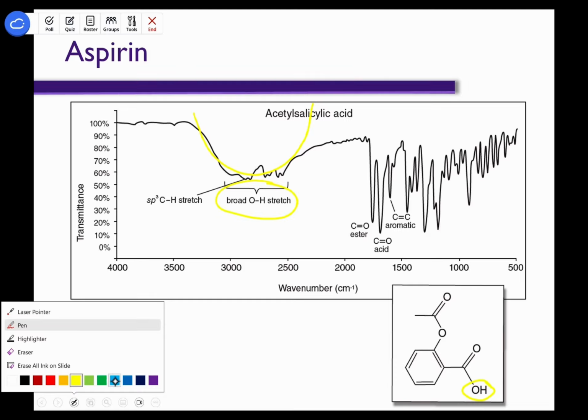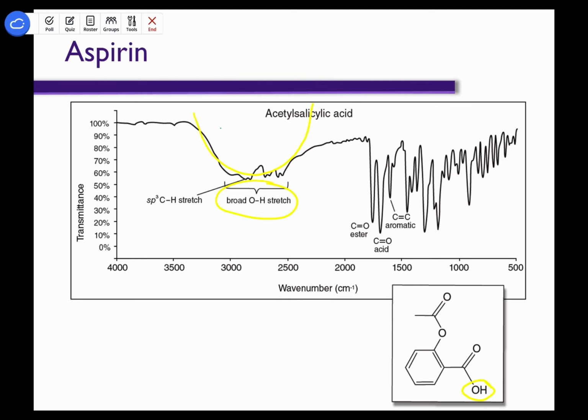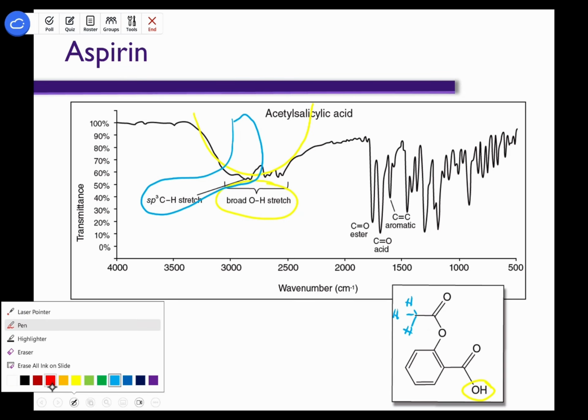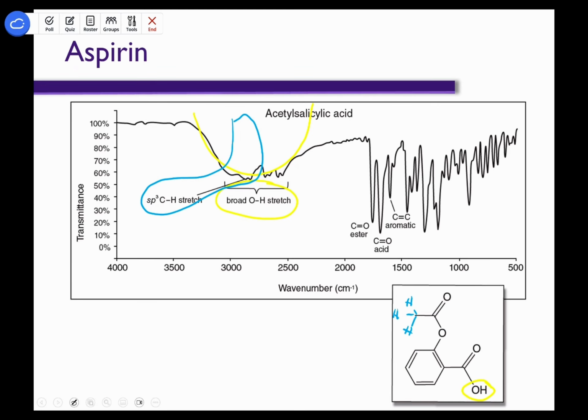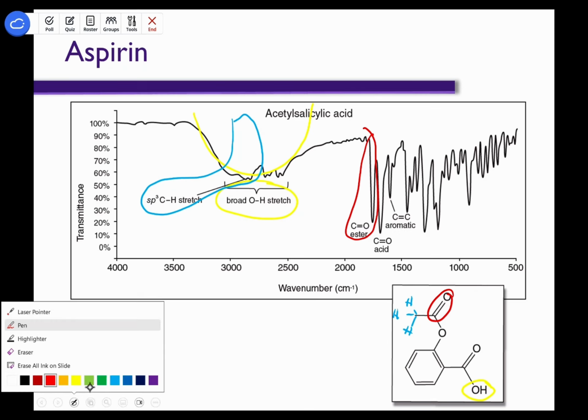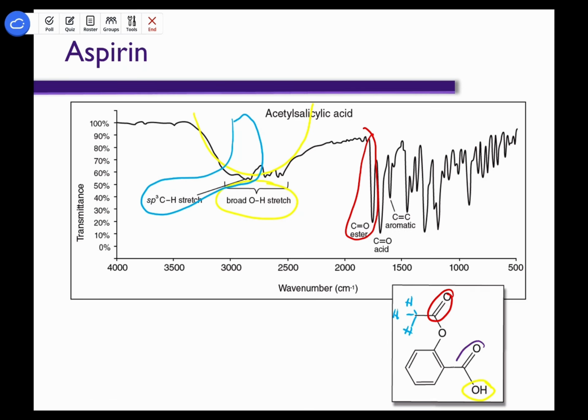You probably anticipated that it had sp3 hybridized carbon-hydrogen stretches happening. And indeed, we see that there. More importantly, you identified probably that it has a carbonyl group, one from the ester, and it has another carbonyl group from the carboxylic acid.